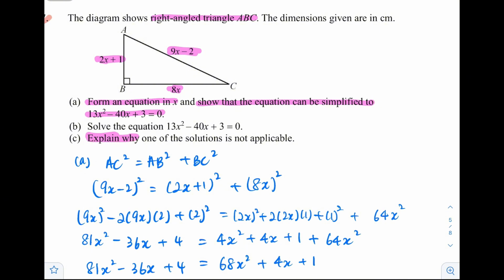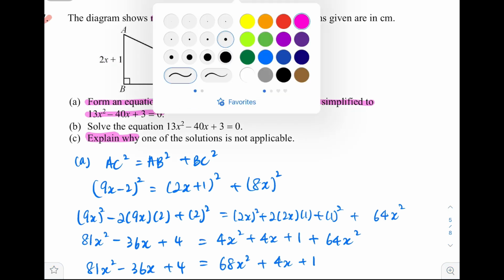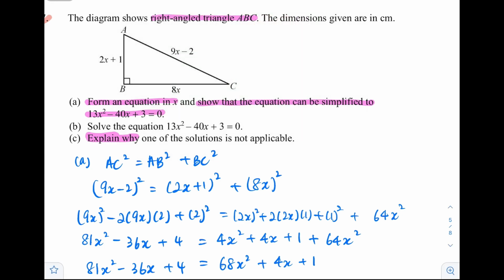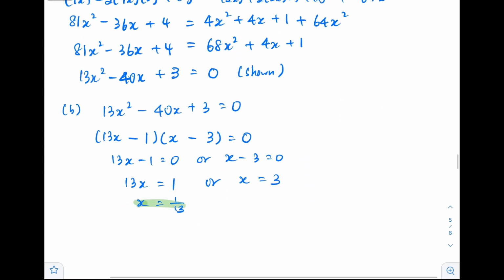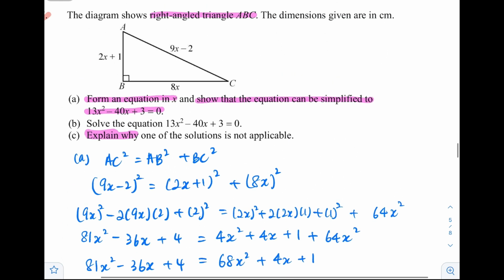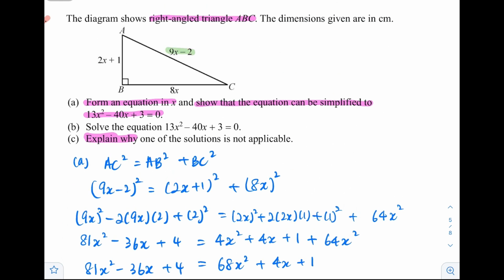So x equals 3 is indeed a possible answer. What about substituting x equal to 1 over 13, the other answer? I will have 9 times 1 over 13, which is 9 over 13, minus 2. I'm going to get a negative value for the length of AC, which does not make sense. Therefore, 1 over 13 is not a possible answer.